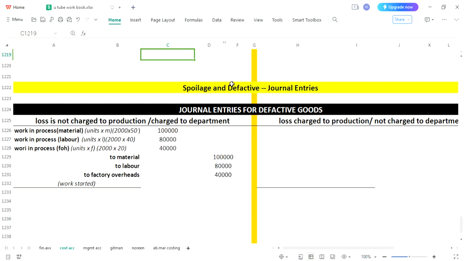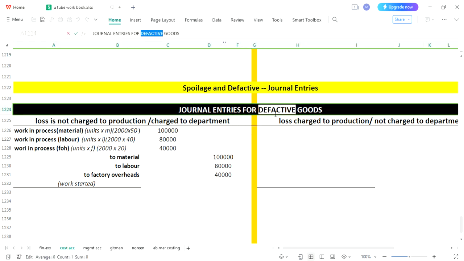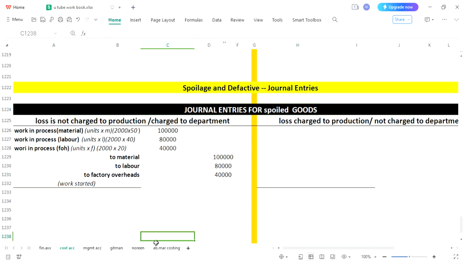Let's check it out. These journal entries, I just reminded myself, we are going to do spoiled goods. This is our first question. First entry is completed.